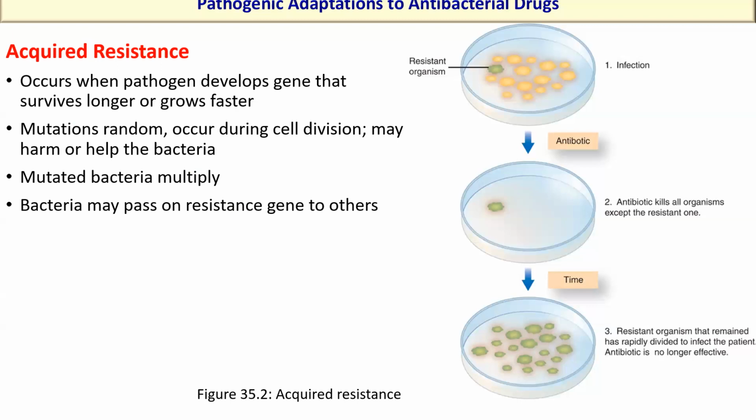So either through mutation, the antibiotics will destroy sensitive bacteria, and the insensitive, mutated bacteria will remain and multiply with less competition. There is no other bacteria to compete with.